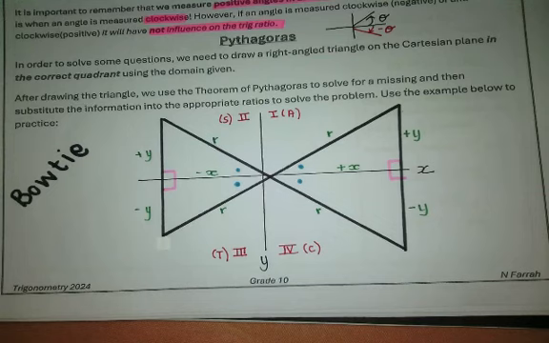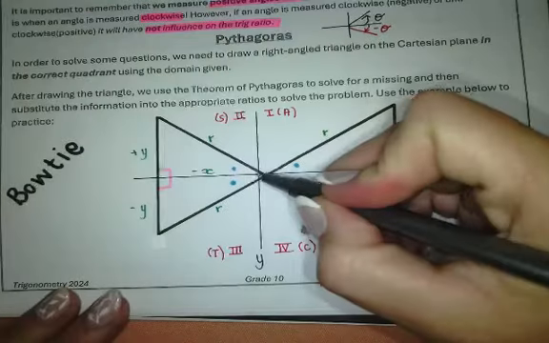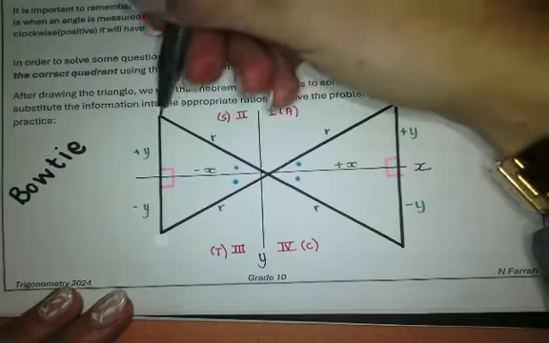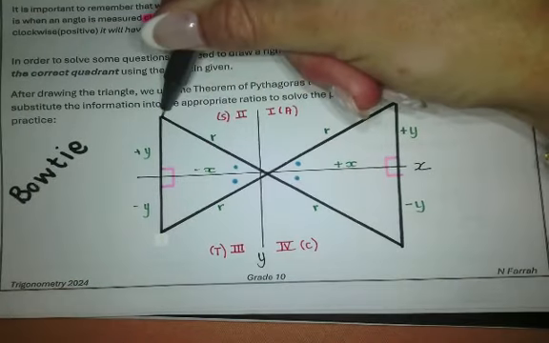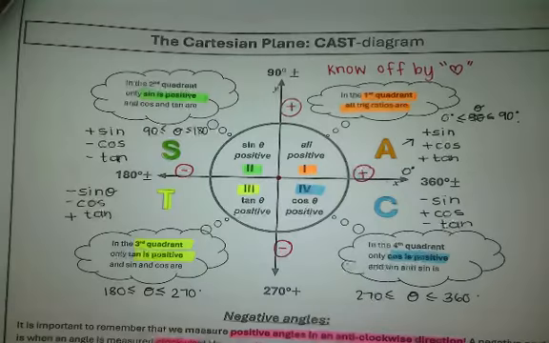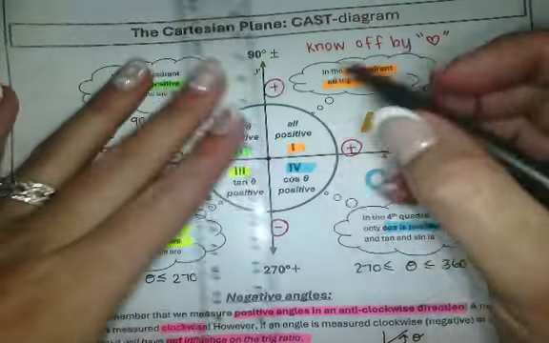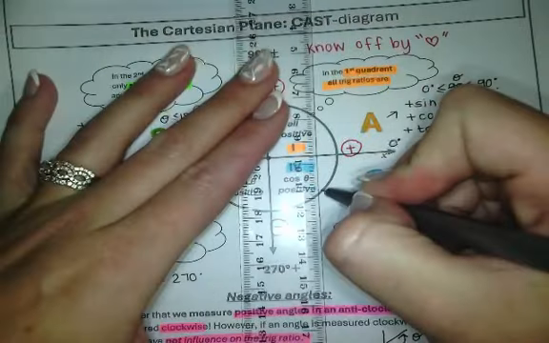Then why do they refer to it as a radius if it's not a circle? Because what is the radius? From the center to the circumference. So it's from the center to where it is. Look here.